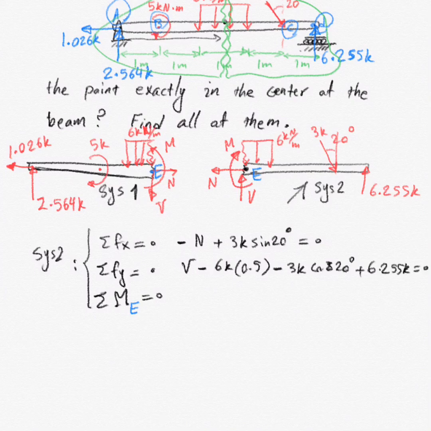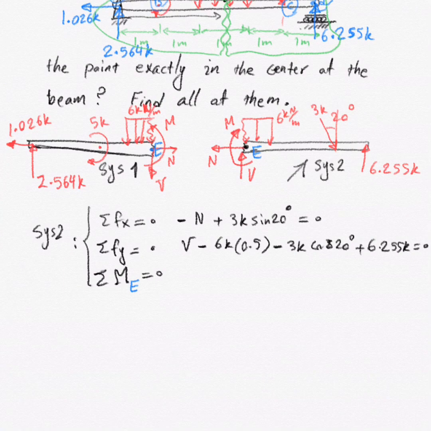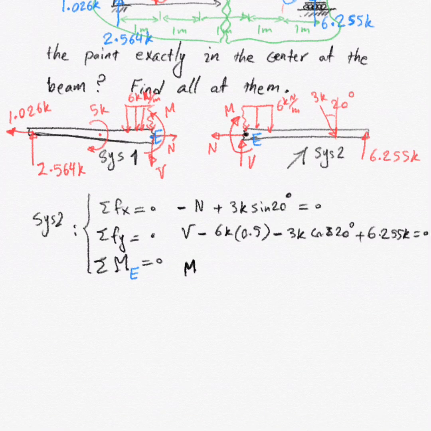And for moment you get negative M, or you can say M sub E, or simply M. So negative M, negative 6K times 0.5, that's the value of force, this is the distributed force, times the moment arm, which is half of 0.5. And it's negative.